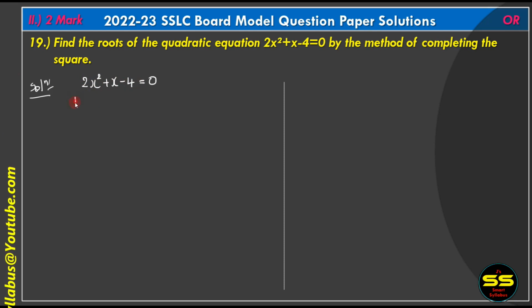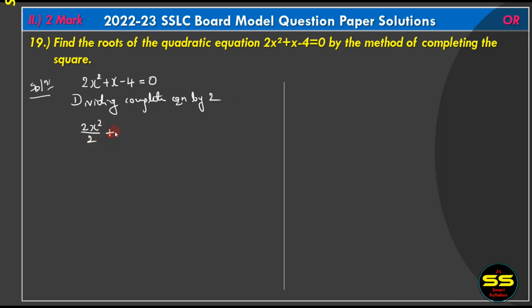So dividing the complete equation by 2. 2x square by 2, you just divide every term, x by 2 minus 4 by 2, that's equal to 0. Okay, this 2 and this 2 get cancelled, so we get just x square.